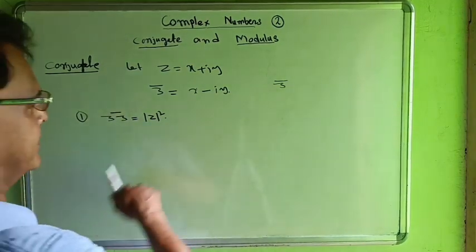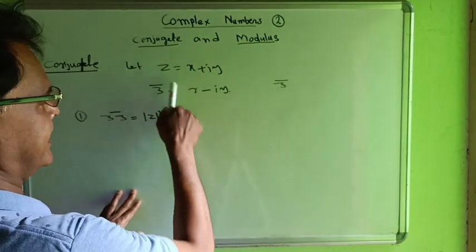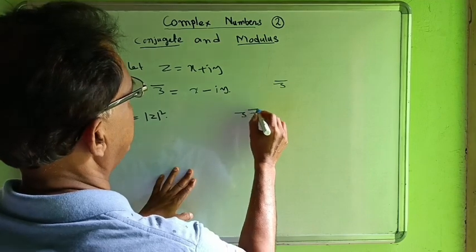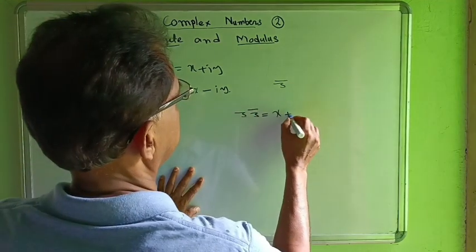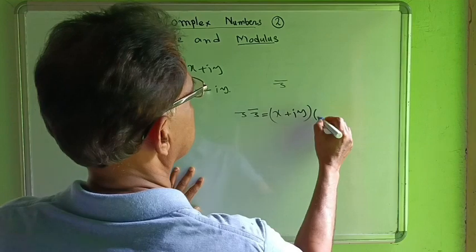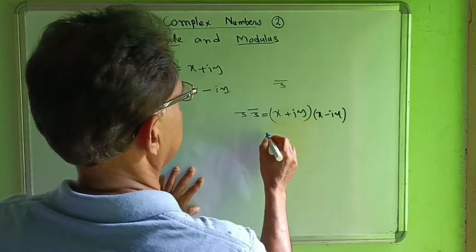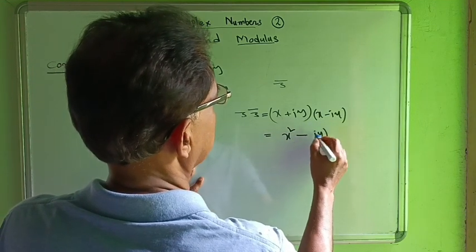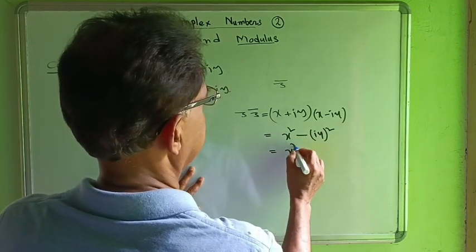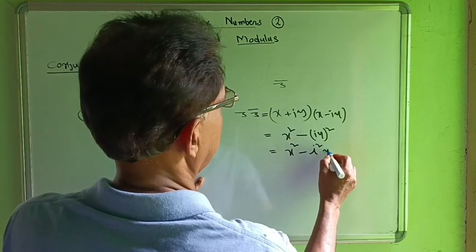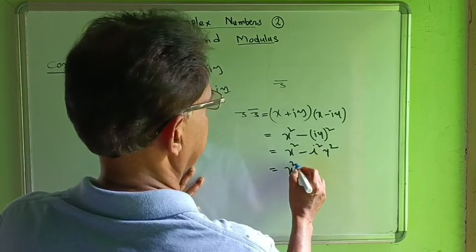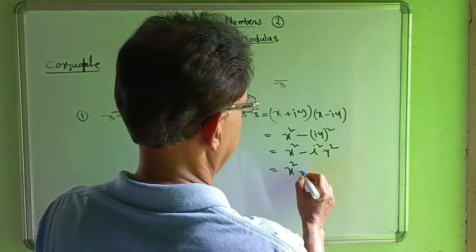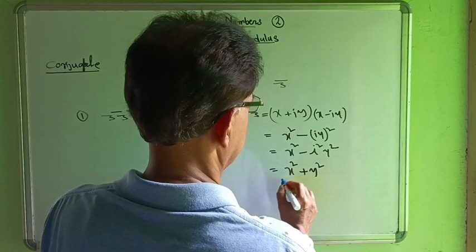If we multiply z and z bar, we get x plus iy whole into x minus iy. This equals x square minus iy whole square, which implies x square minus i square y square. Since i square is minus 1, minus minus plus, therefore x square plus y square.